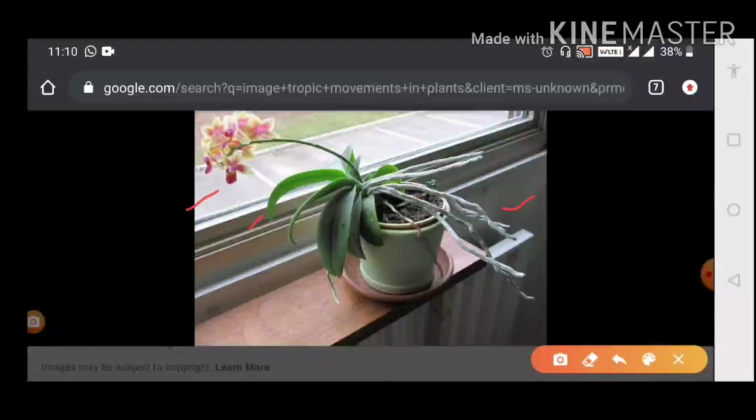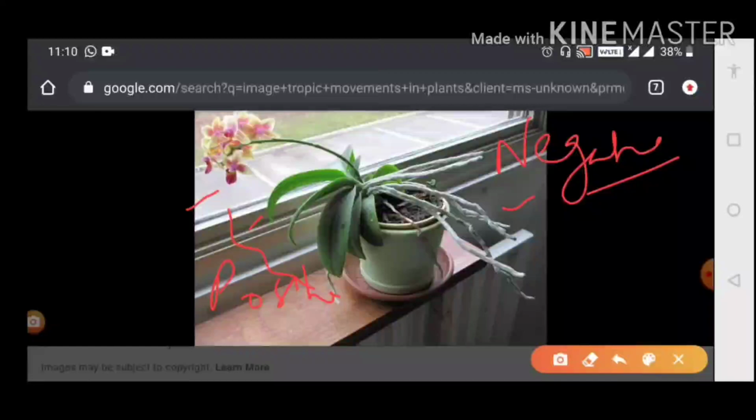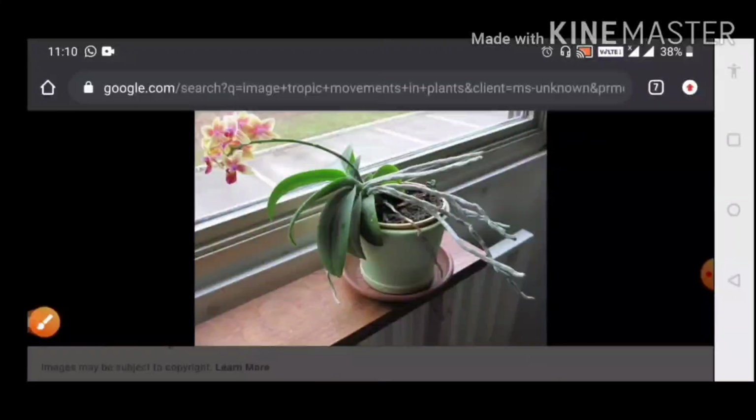So in this picture we see both positive phototropism as well as negative phototropism. The stem and the leaves show positive phototropism, and the roots show negative phototropism, right? So this picture is a very good example. Now you know that different body parts of a plant show different types of tropic movement.